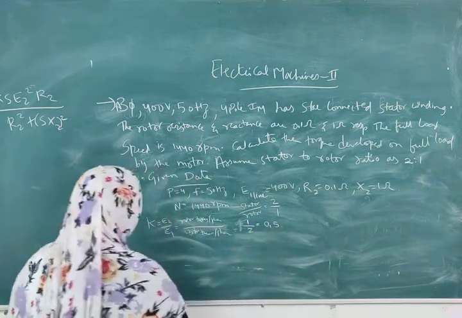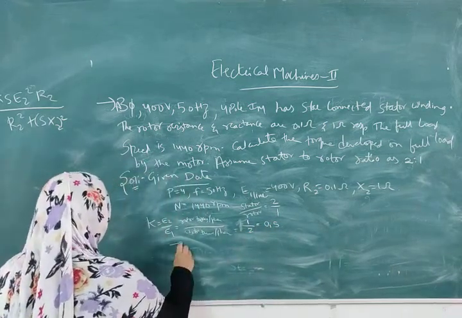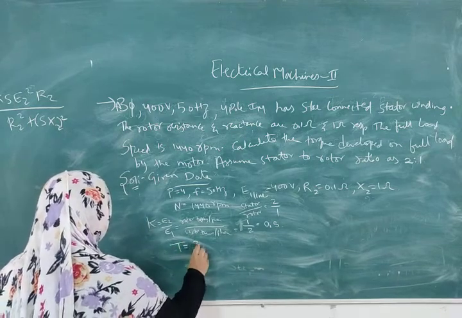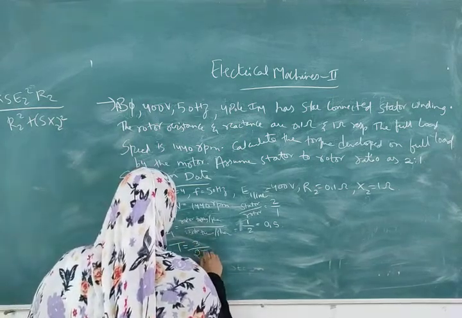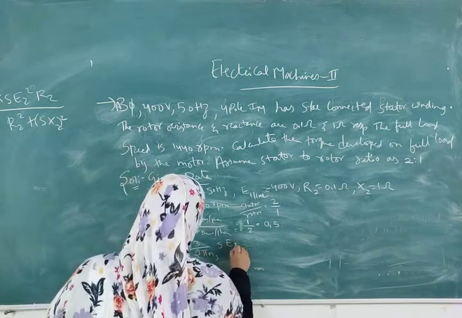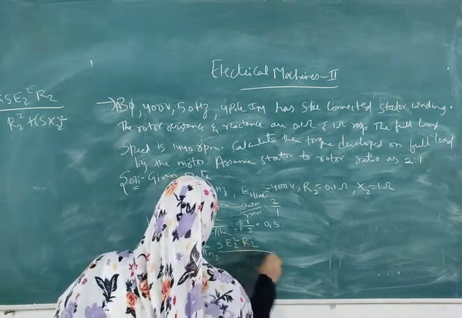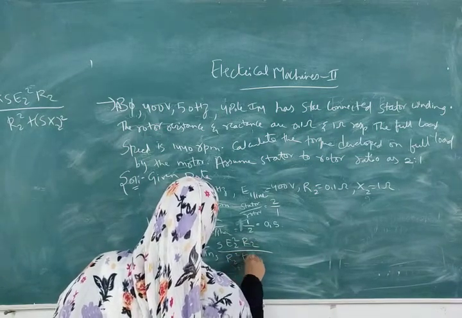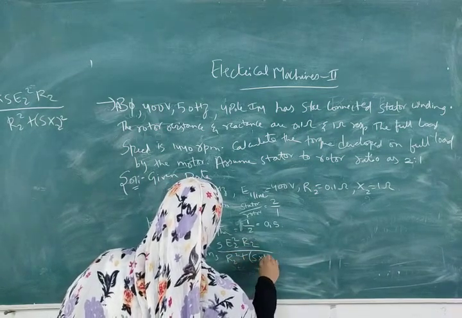K is equal to 0.5 we got. First let us write the torque equation, that is 3/2π Ns into S E2 square R2 by R2 square plus (S X2) whole square.